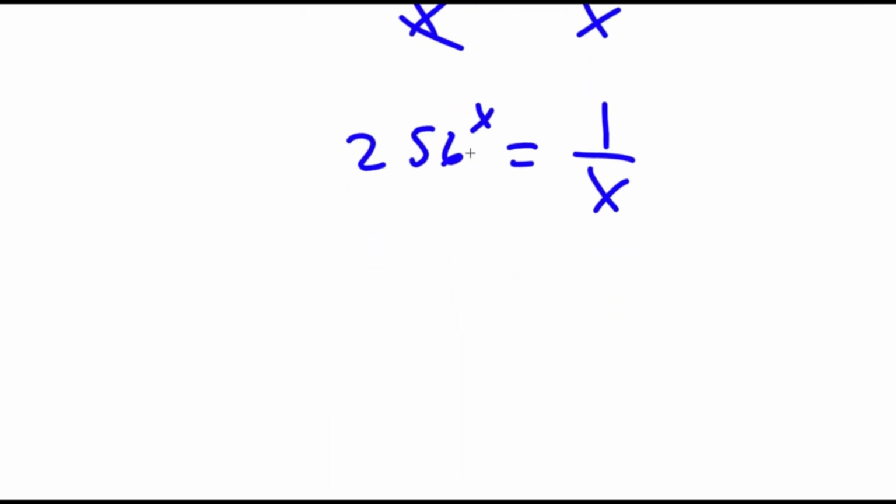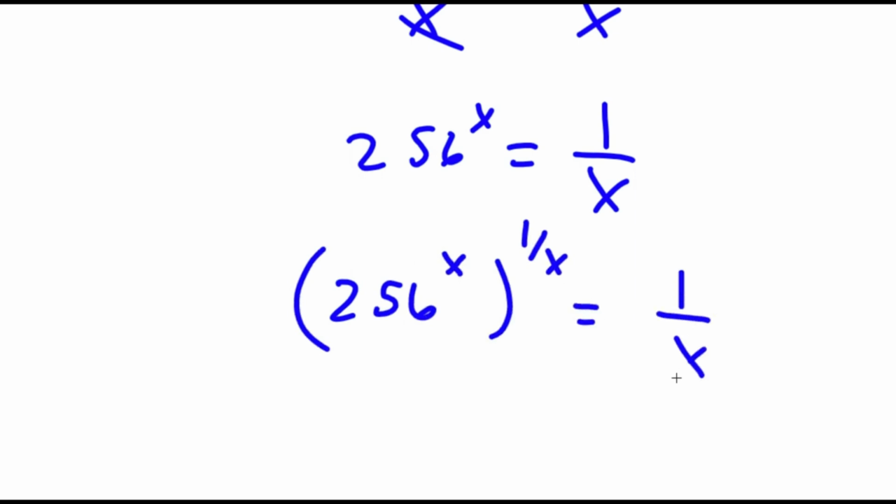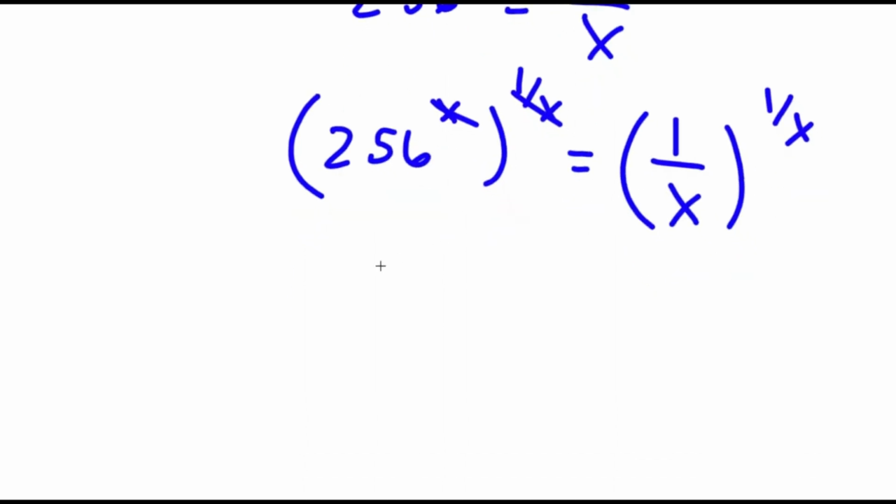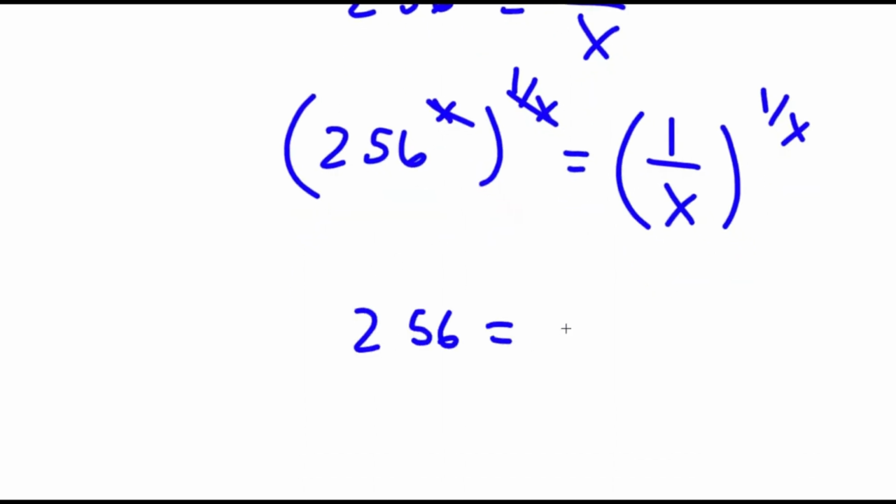And now I can go ahead and take the power of 1 over x on both sides. So now I have 256 to the power of x to the power of 1 over x is equal to 1 over x to the power of 1 over x. Now x and 1 over x, these two cancel out. So now I have 256 is equal to 1 over x to the power of 1 over x.